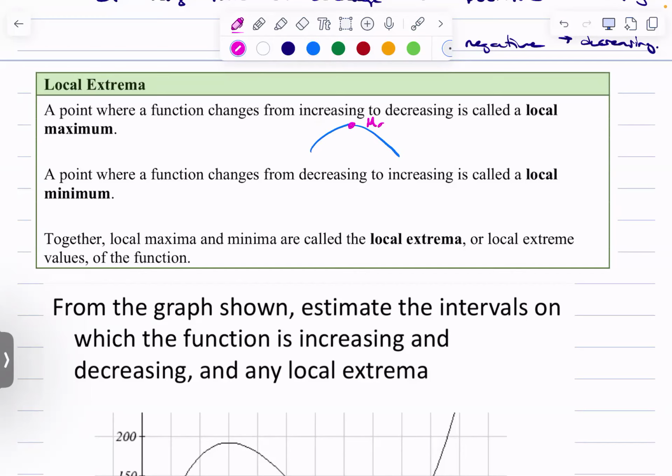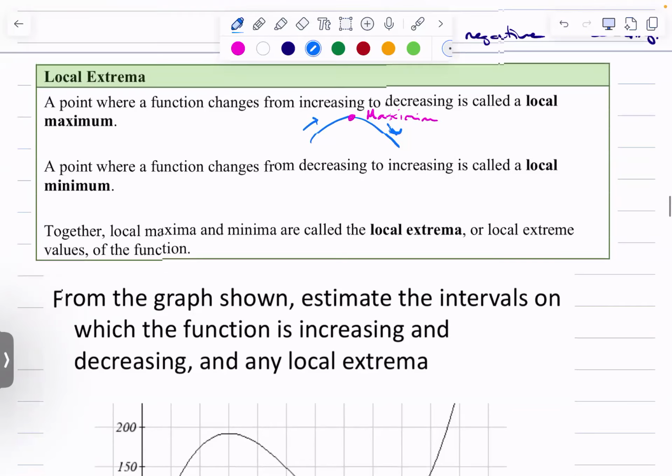That's what makes a maximum. Here it's increasing, here it's decreasing. And so if we're able to calculate the average rate of change, then we can see if it's increasing or decreasing. And then if there's a change from increasing to decreasing, then we know there's a maximum.